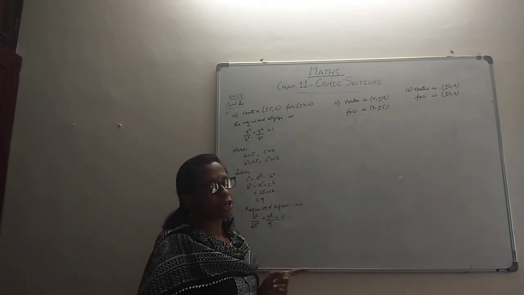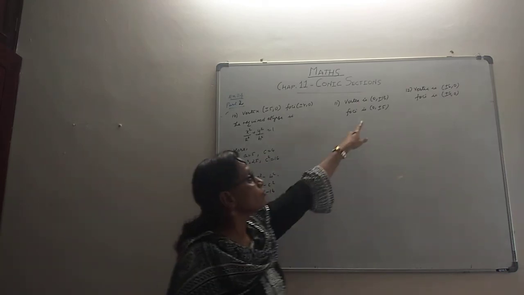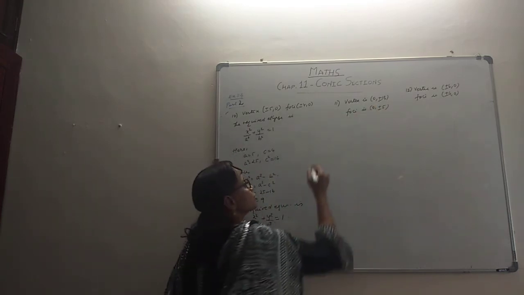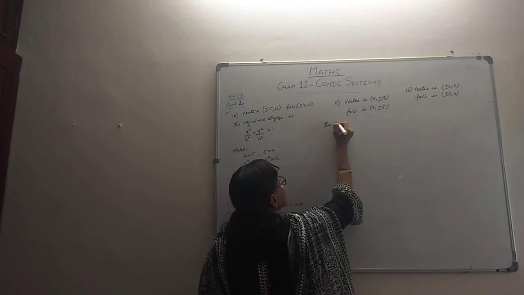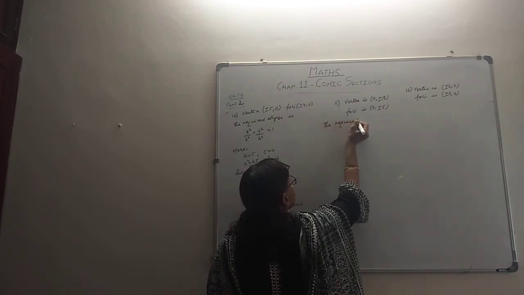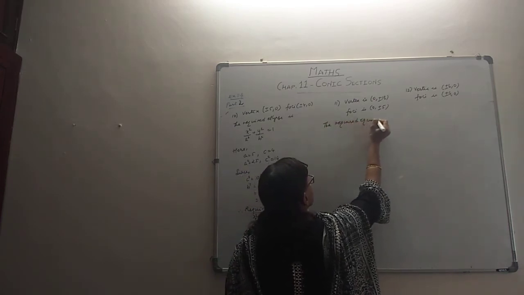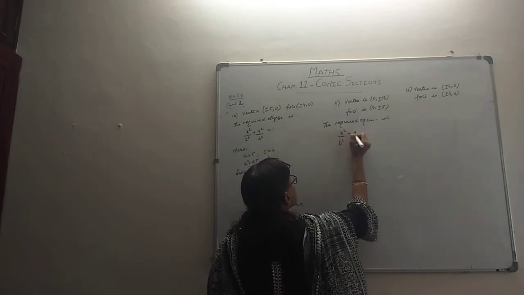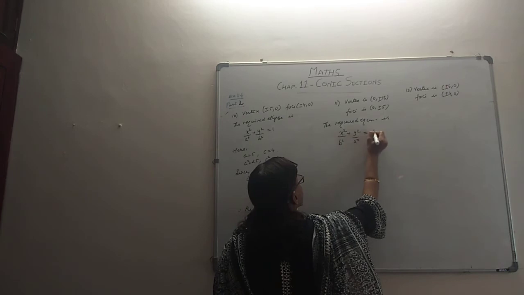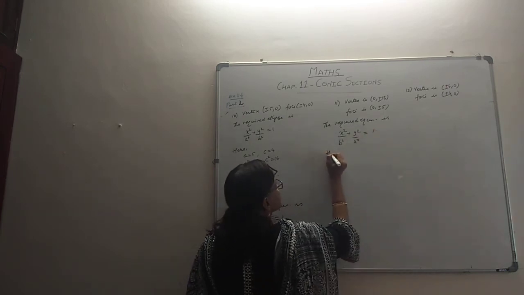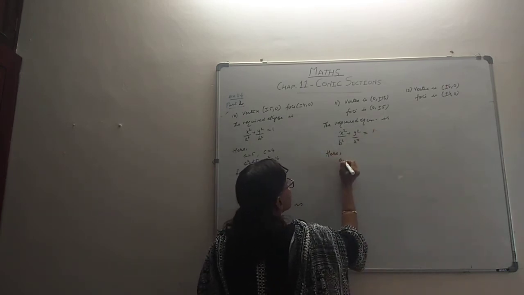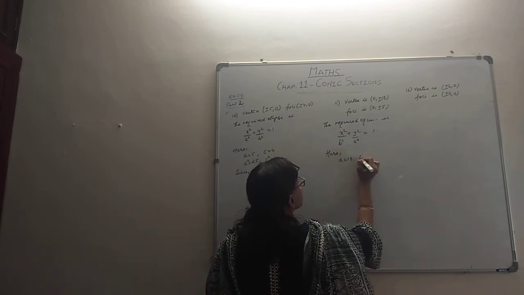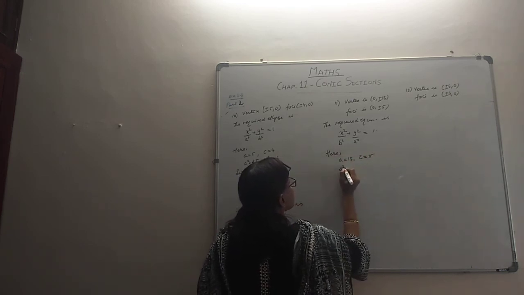Is this of type 1 or type 2? Very clear, type 2. How? From the coordinates. We look at the coordinates and from there we predict. So the required equation is x squared by b squared plus y squared by a squared equal to 1. Here a is 13 because the vertex is given and c is 5, but we are more interested in the squares.